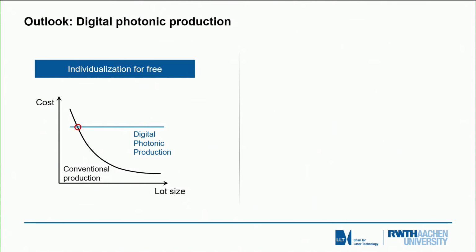However, the cost is pretty high. So it will only make sense for rather small lot sizes. So the challenge and the task for the future must be to bring down this curve in order to increase productivity and shift the crossover of the laser manufacturing line with the classical manufacturing line to higher lot sizes.